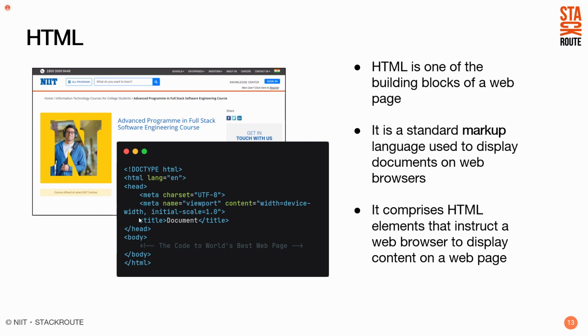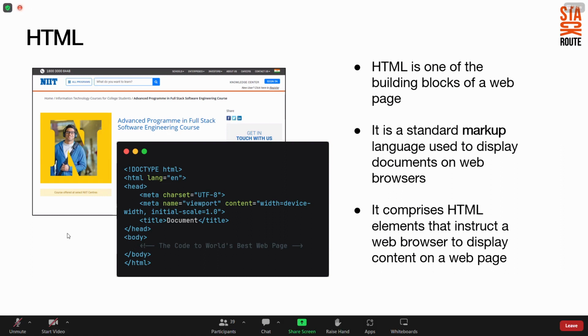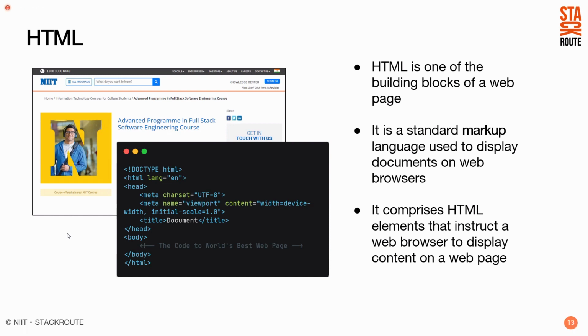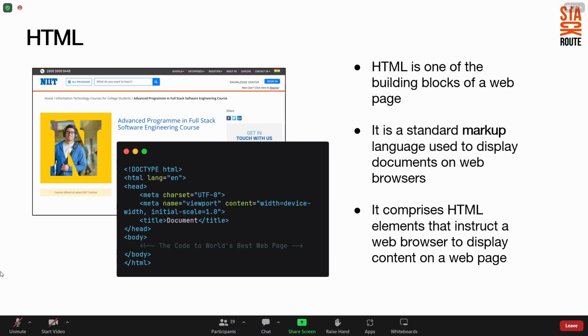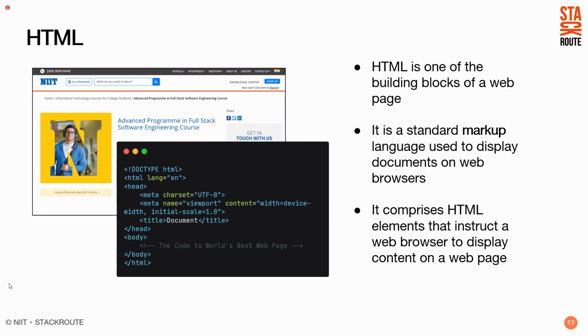Guys, listen carefully: the word hypertext is used because it has the ability to make hyperlinks, so that one content and another content will be linked. Am I making sense? Hyperlink. HTML consists of a lot of elements, which we call HTML elements or components. A few we will explore, a few I'll list out, and you can explore. It is one of the easiest scripting languages which everyone can learn.